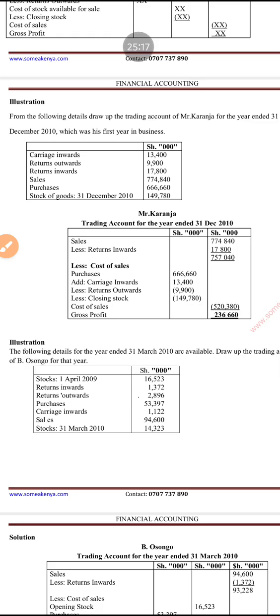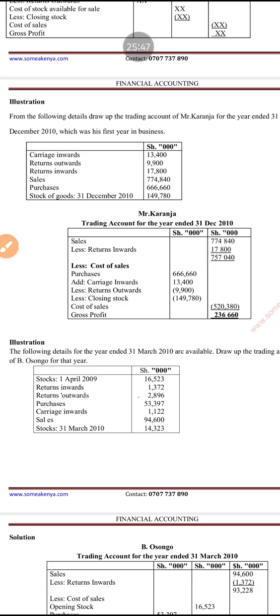So to prepare the income statement, we take the sales, less return inwards, to get the figure that remains after deducting the return inwards. That is what we call the net sales. Net sales, we less the cost of sales. So cost of sales, we have the opening stock. In this case, remember, this is the first year of Mr. Karaja's business.